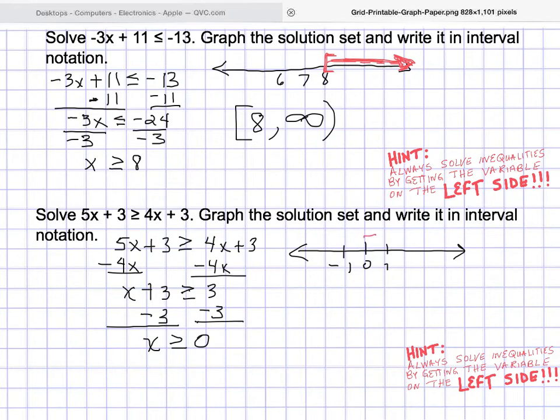A bracket facing the right, because we want everything that's greater than 0. All right, so the bracket, 0, comma, infinity, parentheses. That's the interval notation. We're going from 0 all the way to infinity, including 0.